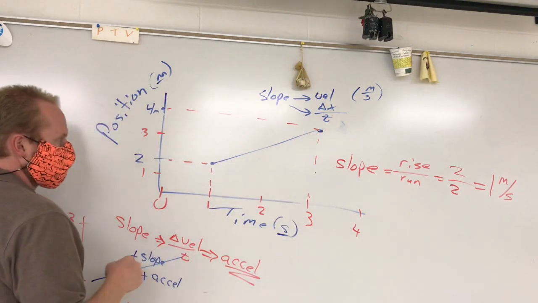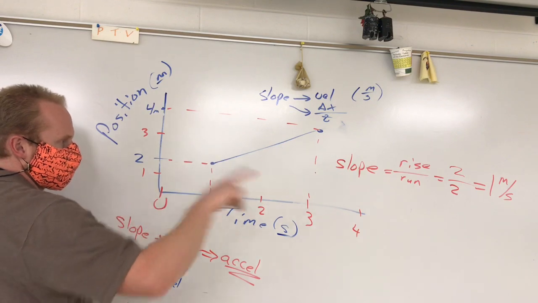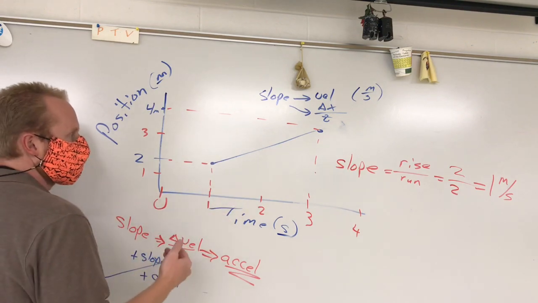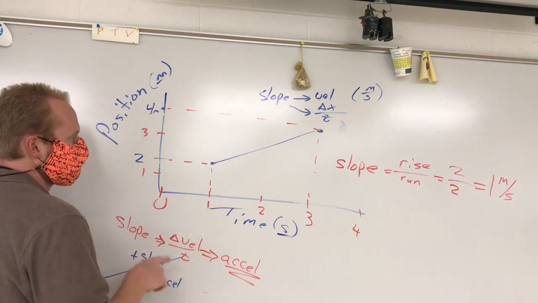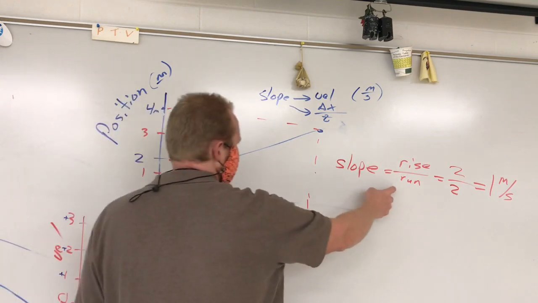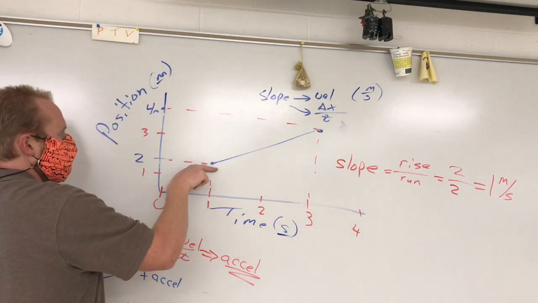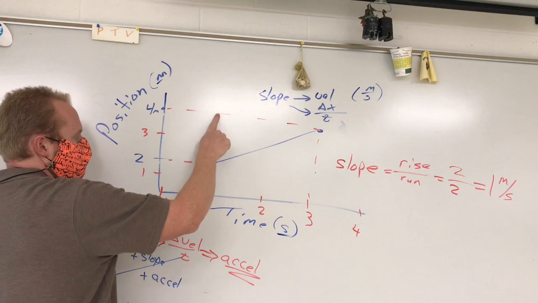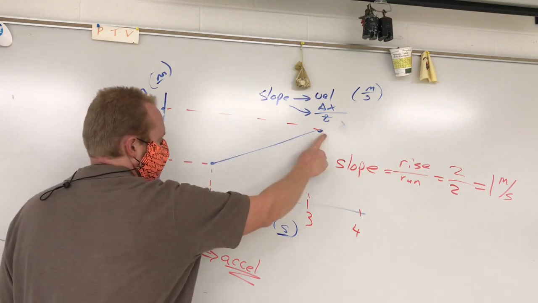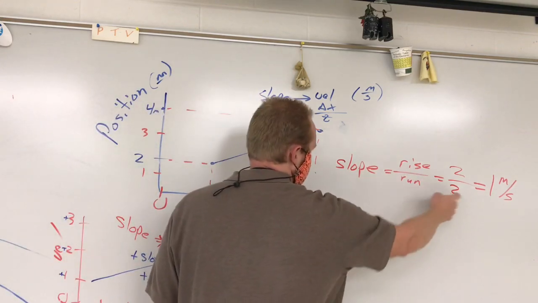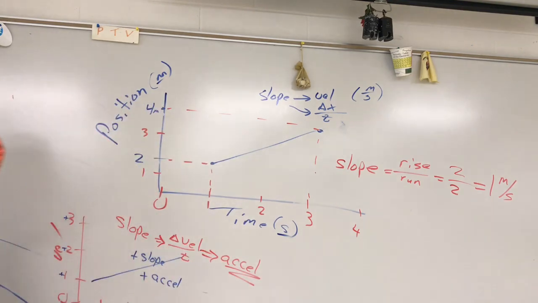We can do better than just saying it's a positive velocity, it's moving that way, it's a straight line. We can actually say slope is rise over run. So it went up 2 over a run of 2, which gives 1 meter per second. We can calculate the velocity from the slope of the line.